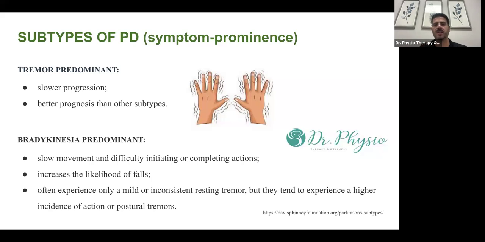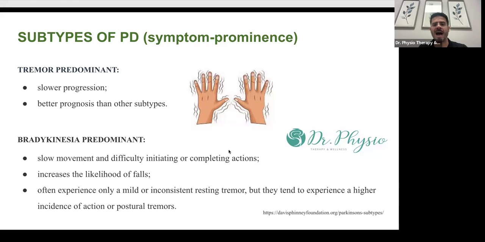People with bradykinesia will be more likely to have falls, okay, and also they might experience mild or inconsistent resting tremors, and then they tend to experience a higher incidence of action or postural tremors. Later on, even though the disease is more towards the slowing of movement, the tremors might be more prominent later in the disease, okay?